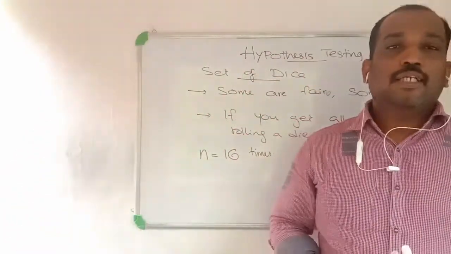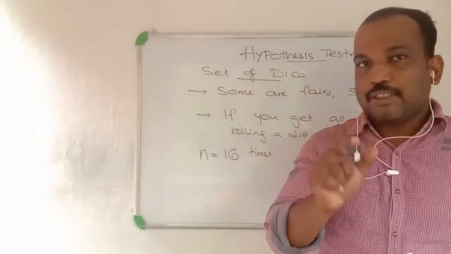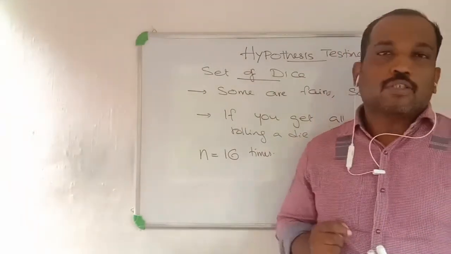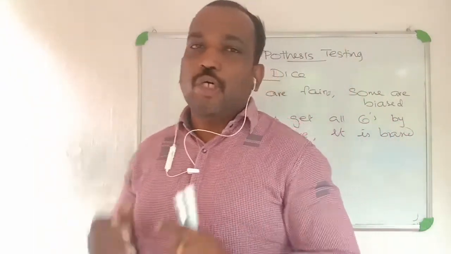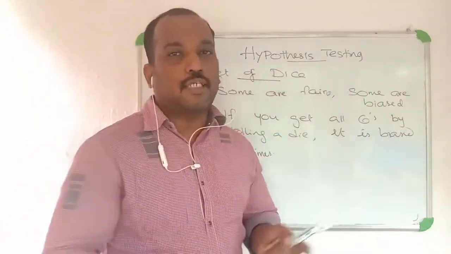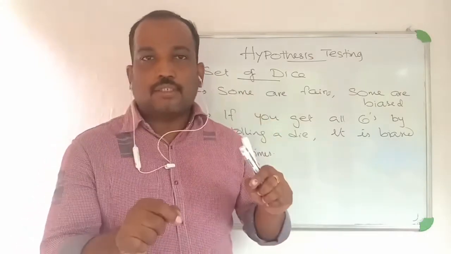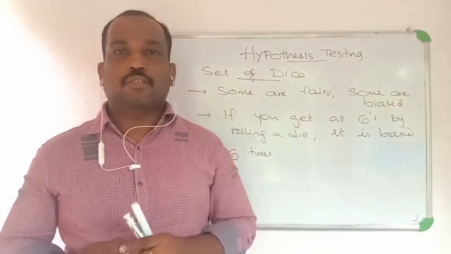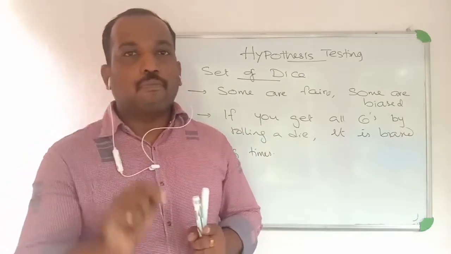If you use the term 100% there, the problem arises, because when you say 100%, you are not giving any chance for the other side. By chance, if your die gives you any other result, your claim becomes false.